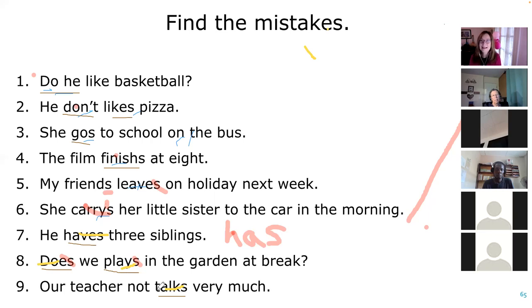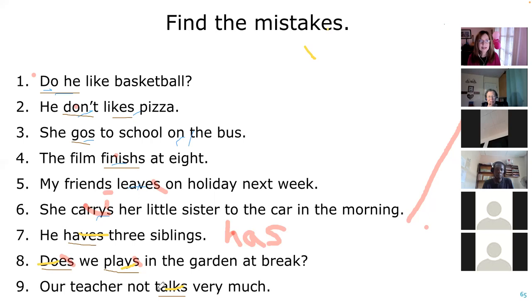A good way to correct these, instead of just telling them no, or just saying it should be "does he like basketball?", is to get them to think about it.